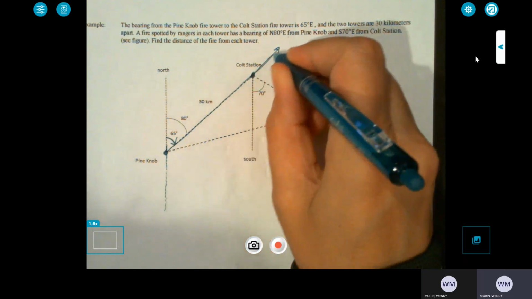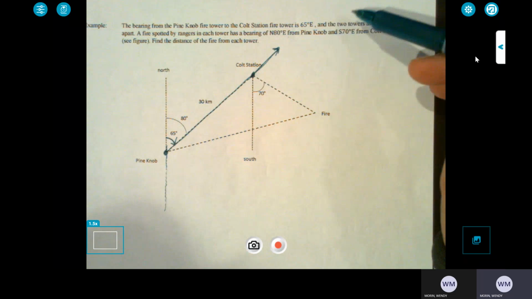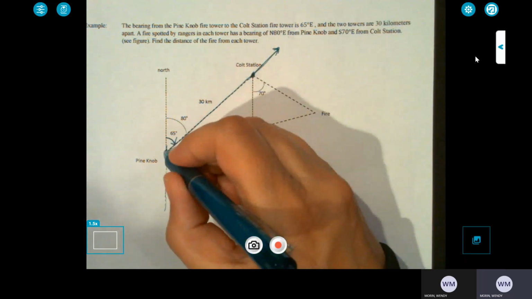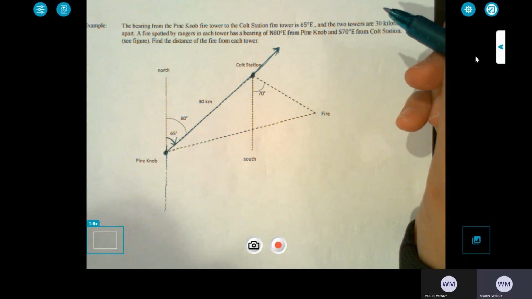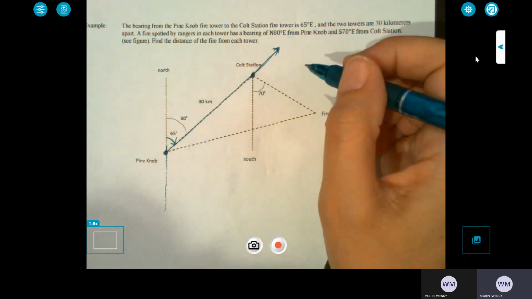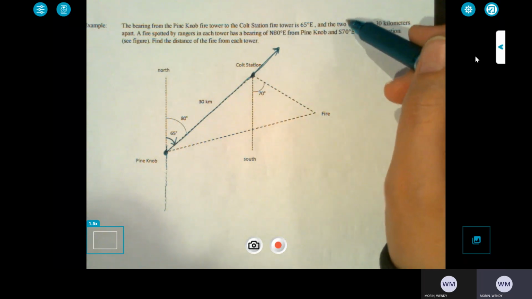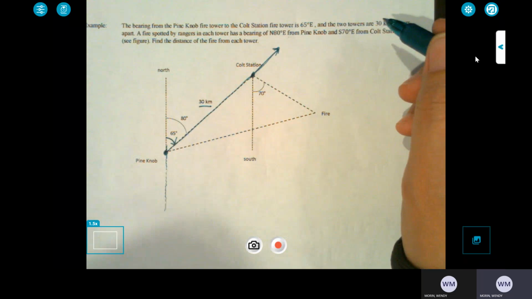Okay. Next. The two towers are 30 kilometers apart. So this tower to this tower, 30 kilometers apart. Now, they put the 30 here.